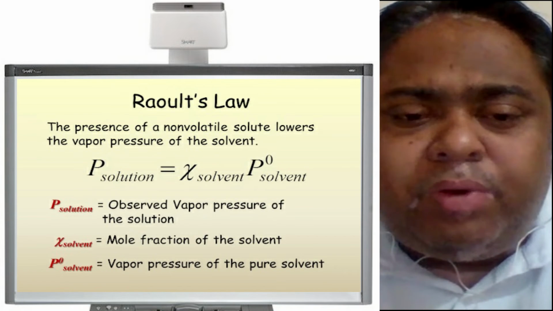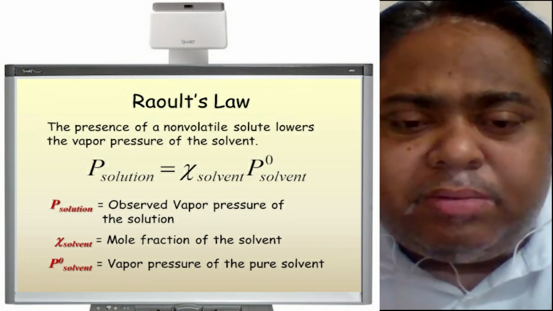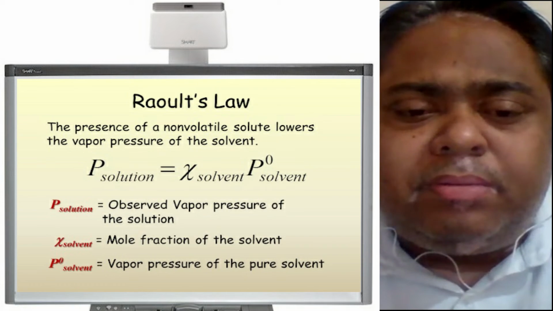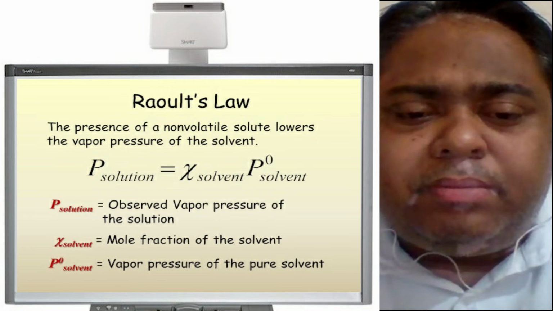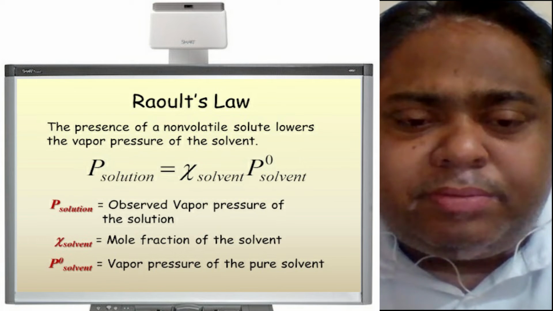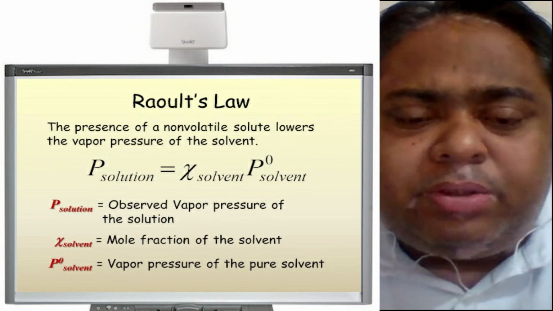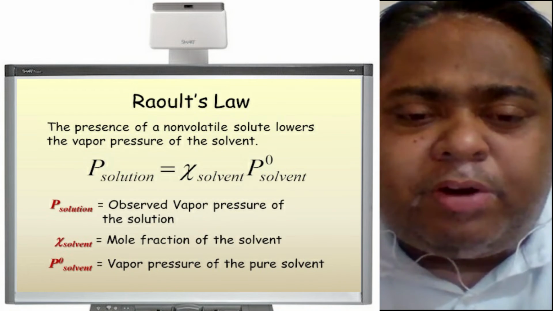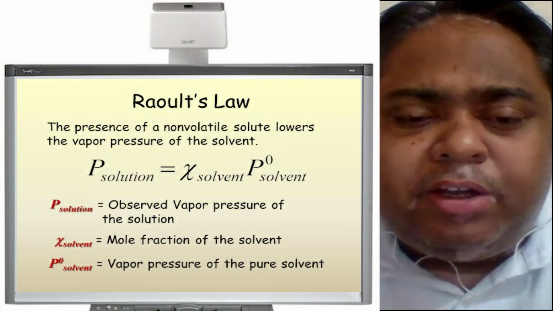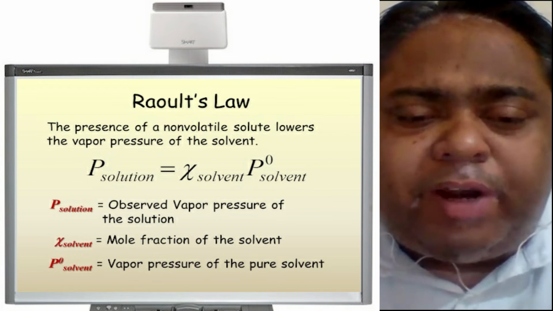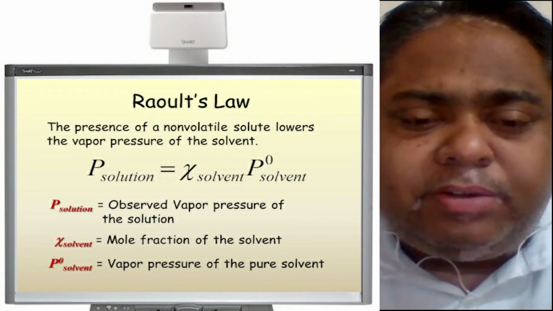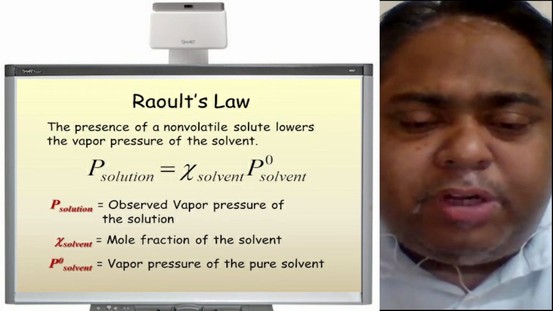So, the more the mole fraction of a particular component, the more will be its partial pressure. To find the equation for this, we can take P to be the partial pressure of a particular component and chi to be the mole fraction of that component. So P will be proportional to chi.